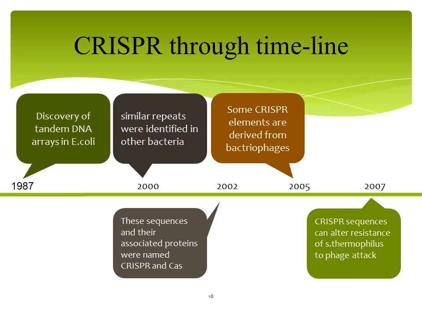In 2007, it was discovered that CRISPR sequences can alter resistance of Streptococcus thermophilus to phage attack, and it was clear that these sequences are a part of adaptive immunity of bacteria.